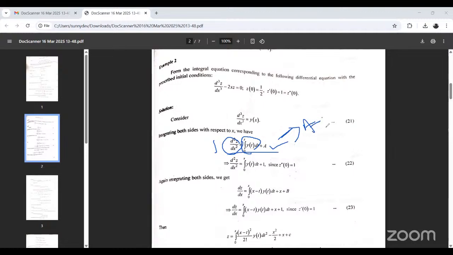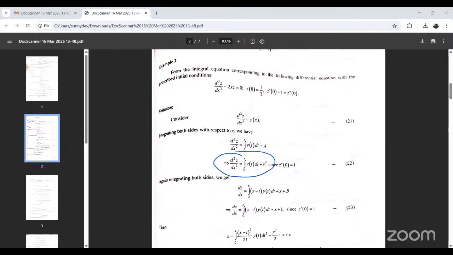So substituting a equal to 1, we get d square z by dx square equal to the integral of 0 to x of y of t dt plus 1. Again we have to do the integration, and we get dz by dx equal to the integral from 0 to x of x minus t times y of t dt plus x plus b.